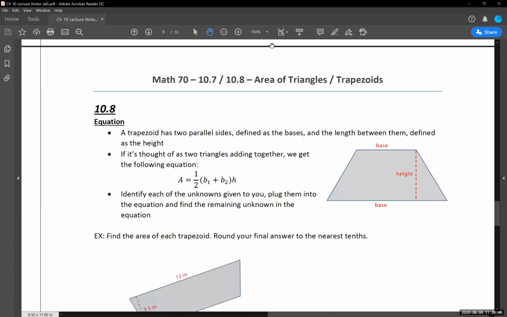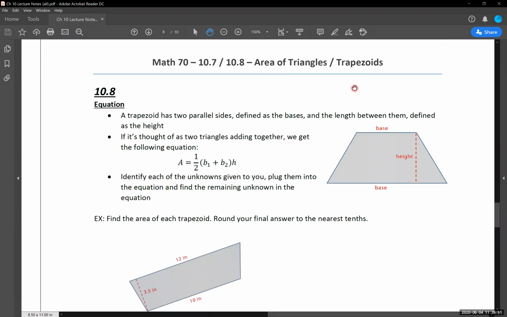So 10.8 has us working with solving for the area of trapezoids. Our base definition: a trapezoid has two parallel sides defined as the bases and the length between them defined as its height. We have that visual over here. We've got a generic trapezoid.